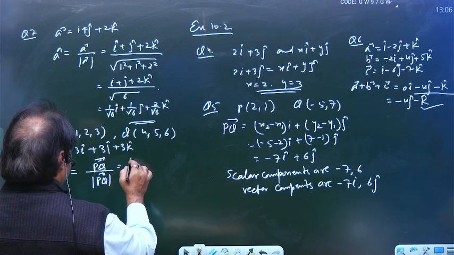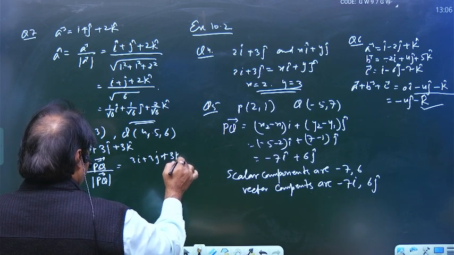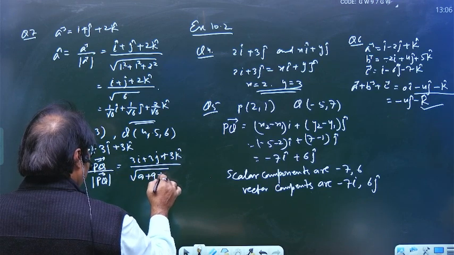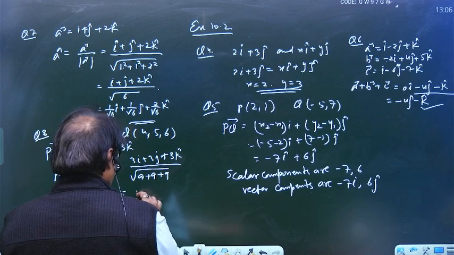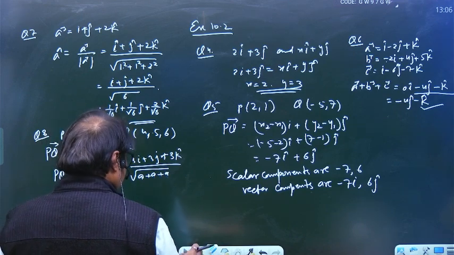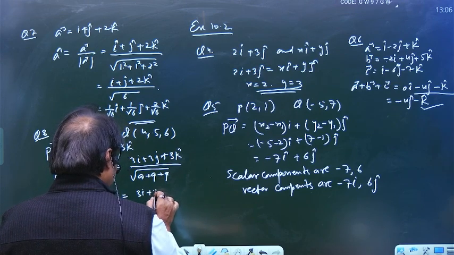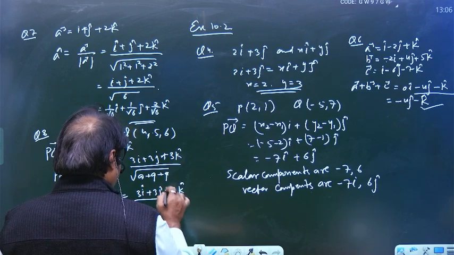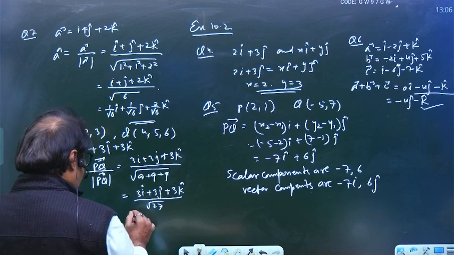Vector PQ is equal to 3i cap plus 3j cap plus 3k cap divided by root over 3 square, 9 plus 9 plus 9, so that is 9 into 3, root over 27, and root over 27 means 3 root 3.